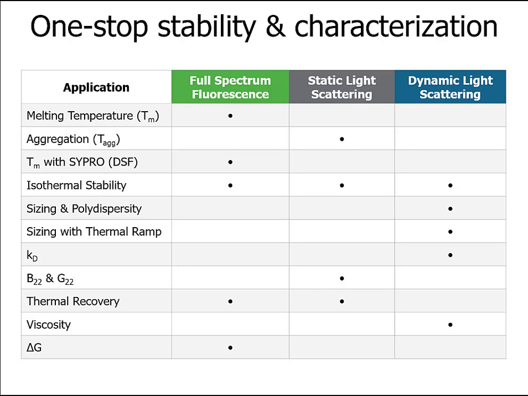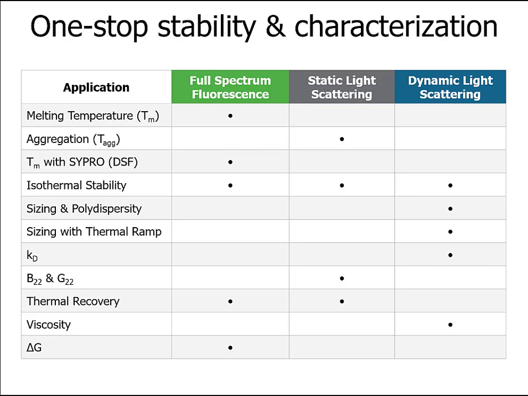Simultaneous with that fluorescence measurement, you can use static light scattering to monitor how the same sample aggregates over that same thermal ramp and mark the temperature of aggregation onset as a protein's T-ag, as seen in the table's second row. Later, Aaron will show how Twist uses this Tm and T-ag application to help screen through many different antibody constructs and understand which ones are the most stable and should move forward with development.